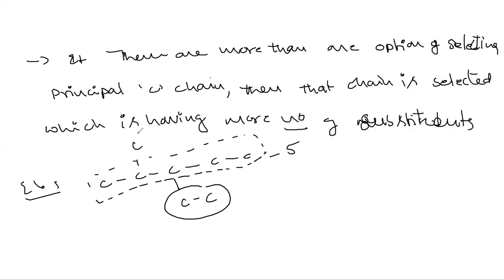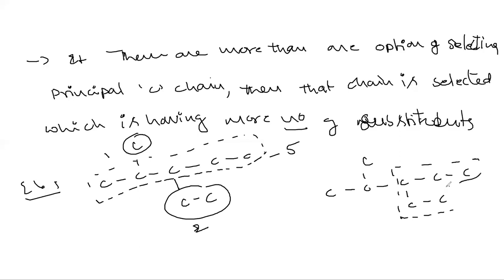And how many substitutions? 2 substitutions. Suppose the same compound I select like this as my principal carbon chain. Then I have only one substitution. So this is the parent chain and this is not the principal chain. Like this, we have to choose a parent chain. Next we'll continue in the next video, IUPAC nomenclature 2.